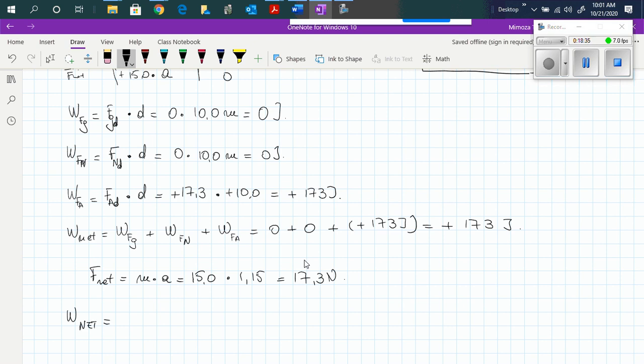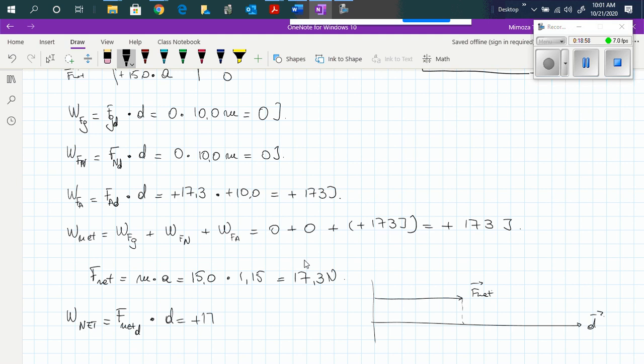like everything that we have said now, is the component of force net along the displacement times displacement. Force net is in this direction, along the acceleration. Displacement is in this direction. So those are equal to each other.